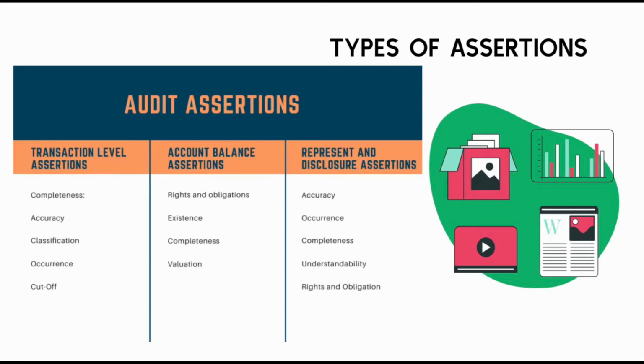While in account balance assertions, there are rights and obligations, existence, completeness, and valuation. While in presentation and disclosure assertions, there are accuracy, occurrence, completeness, understandability, rights, and obligations.